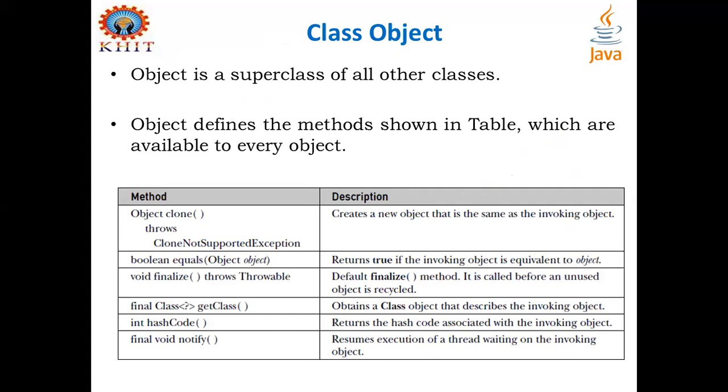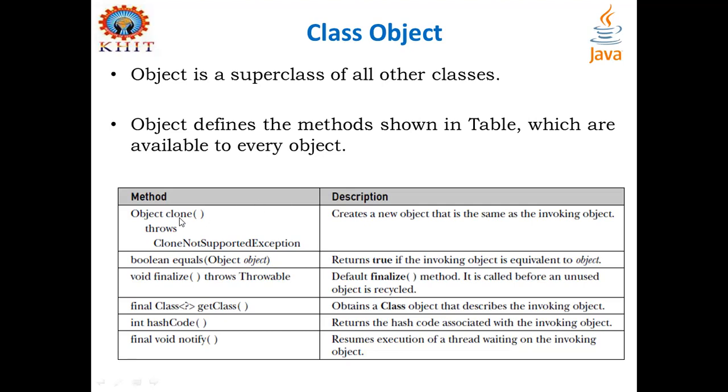As Object is the base class and superclass for all the classes defined in Java, it defines many methods which are available to every object. Any object defined in your programs as an instance of existing classes can access the methods defined in the Object class directly.